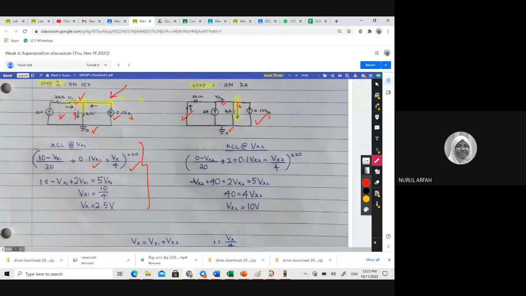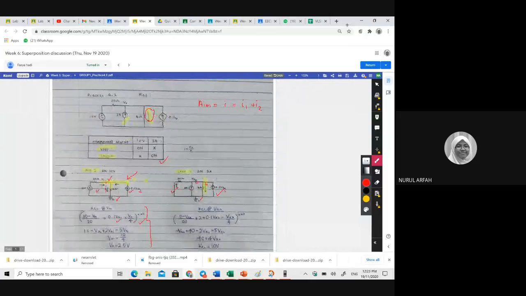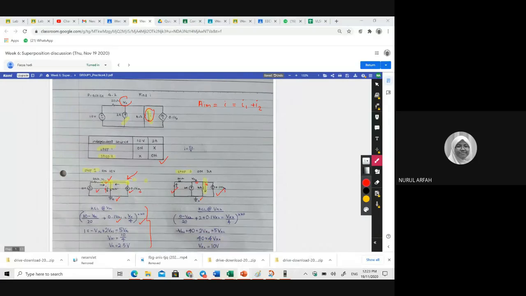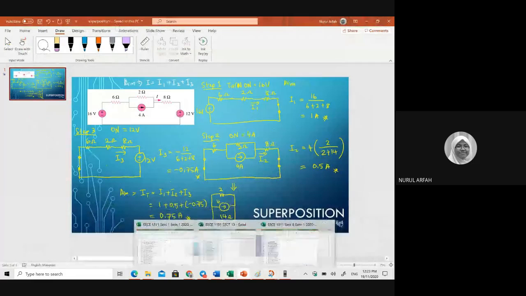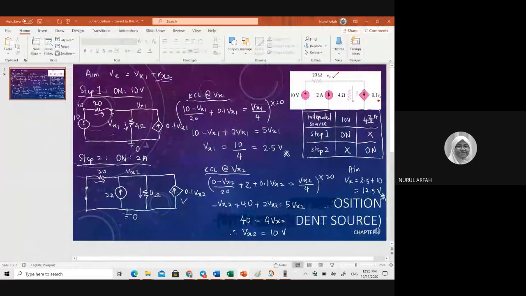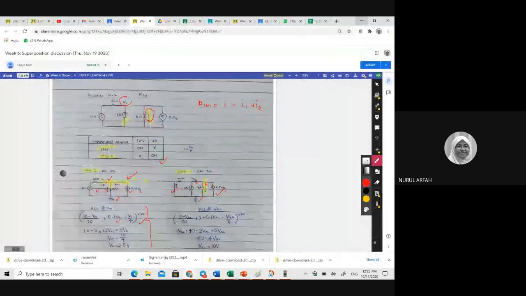Okay, and the fastest way to get your answer, because you already found your Vx from your video, right? Yep, that's your video. Vx equal to 12.5. So that 12.5 is here. So what is your I?